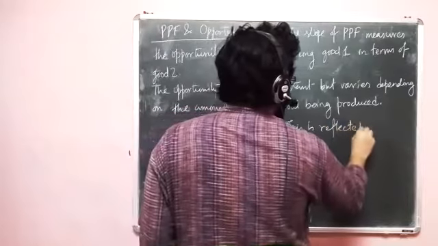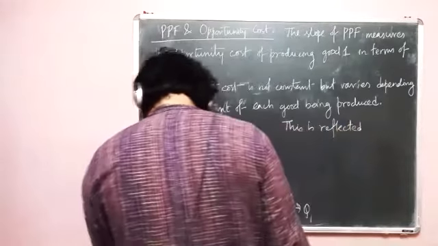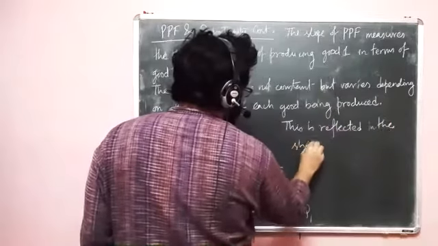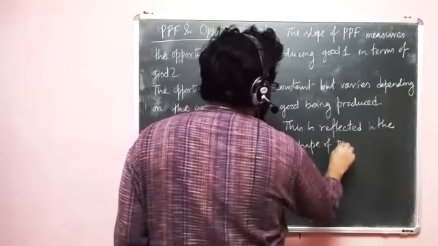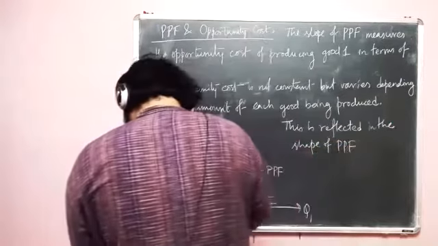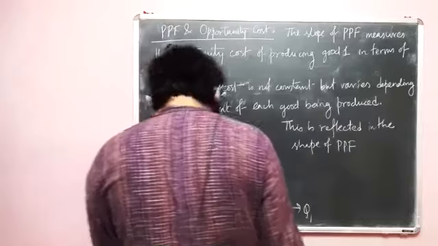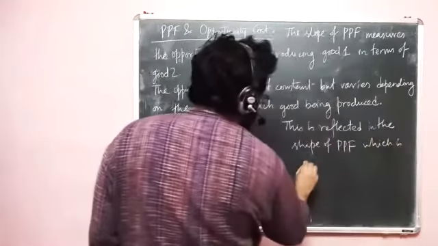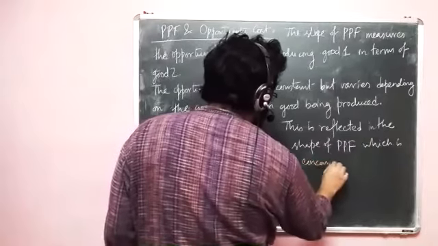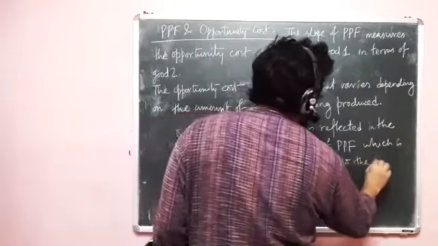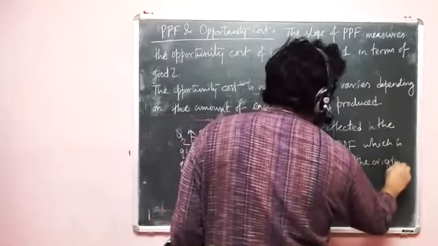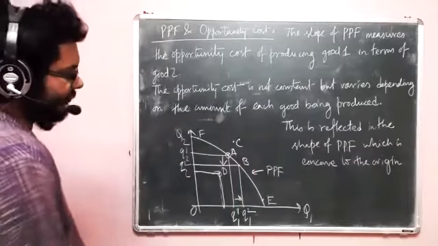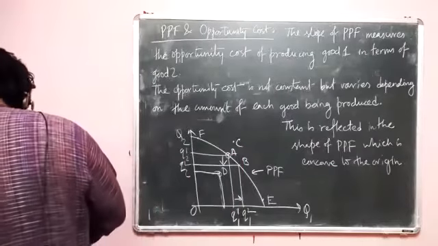This is reflected in the shape of PPF, which is concave to the origin. Now PPF can also be a downward sloping straight line, but that rarely happens. Okay, which is concave to the origin.